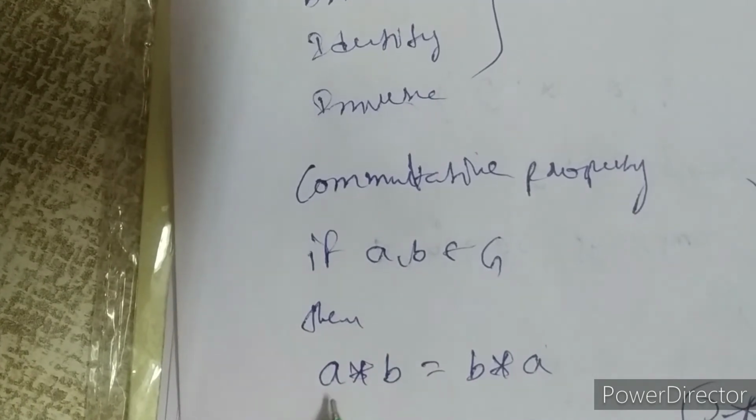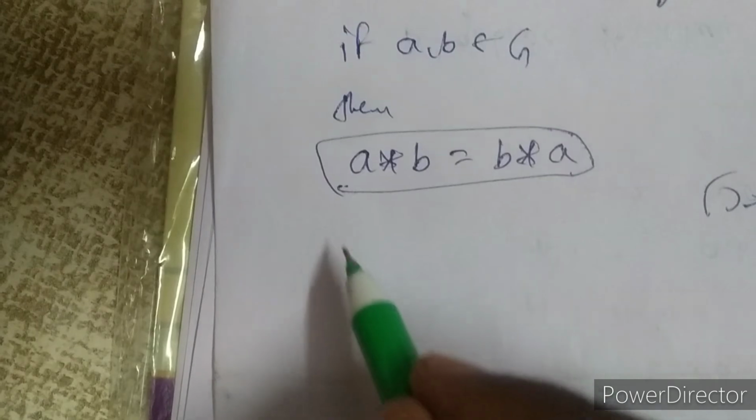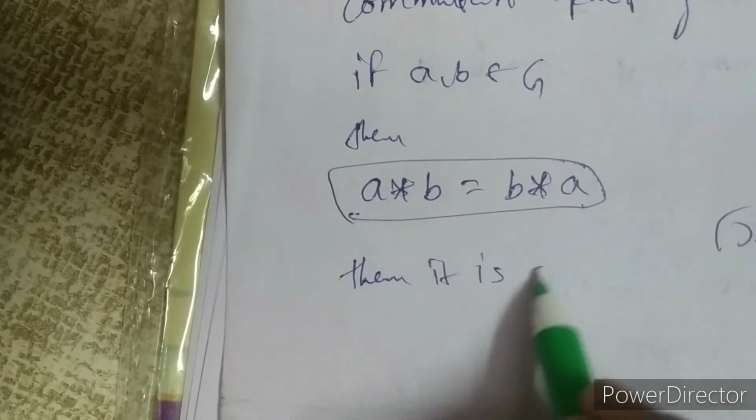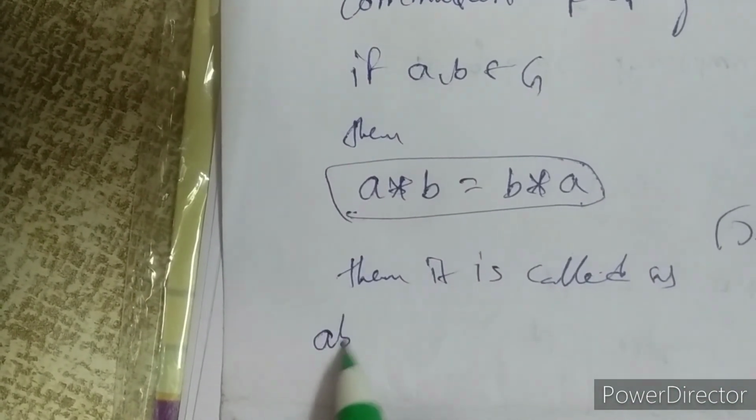If any group satisfies this property, then it is called an abelian group.